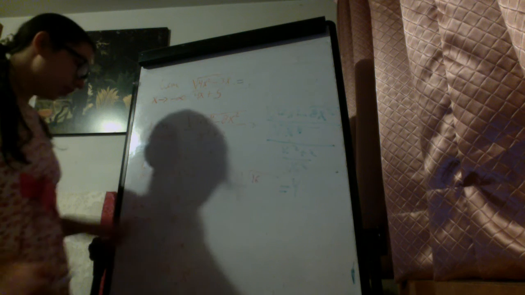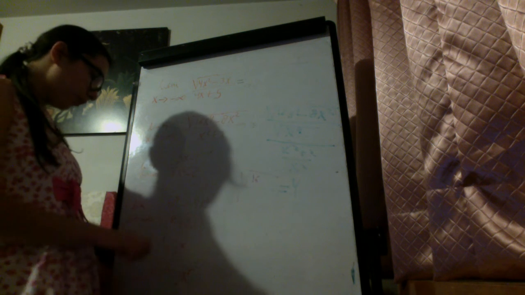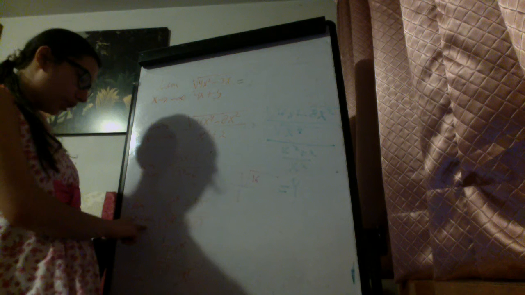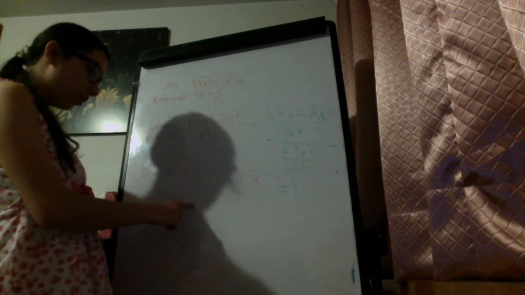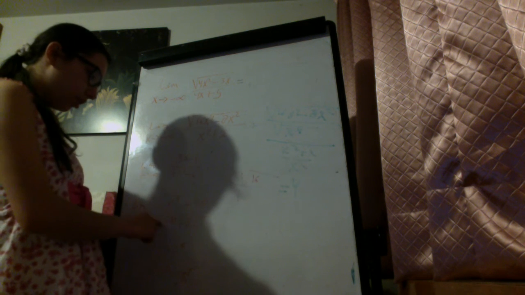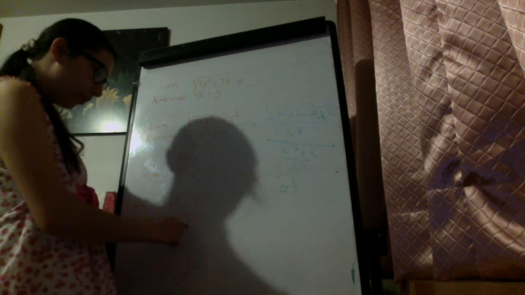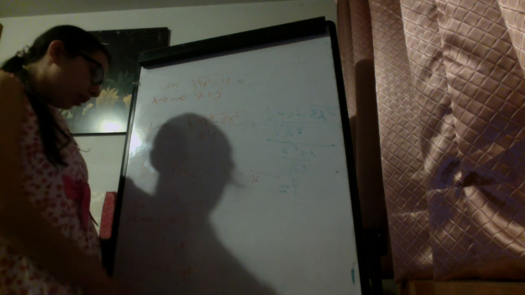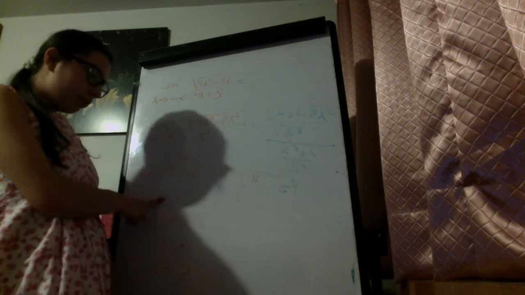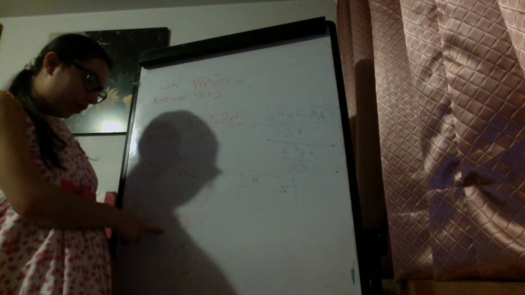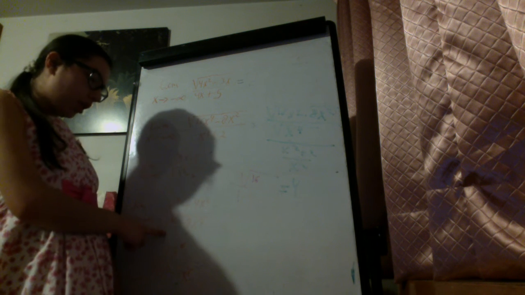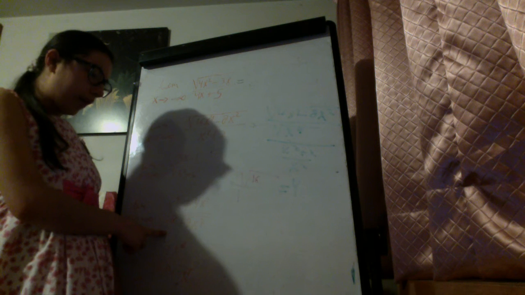And here, this would be the limit as x approaches negative infinity of x to the 5th power plus 4x squared divided by the square root of x to the 10th power plus 8x to the 7th. Here we will divide this by x to the 5th, and here divided by the root of x to the 10th power.